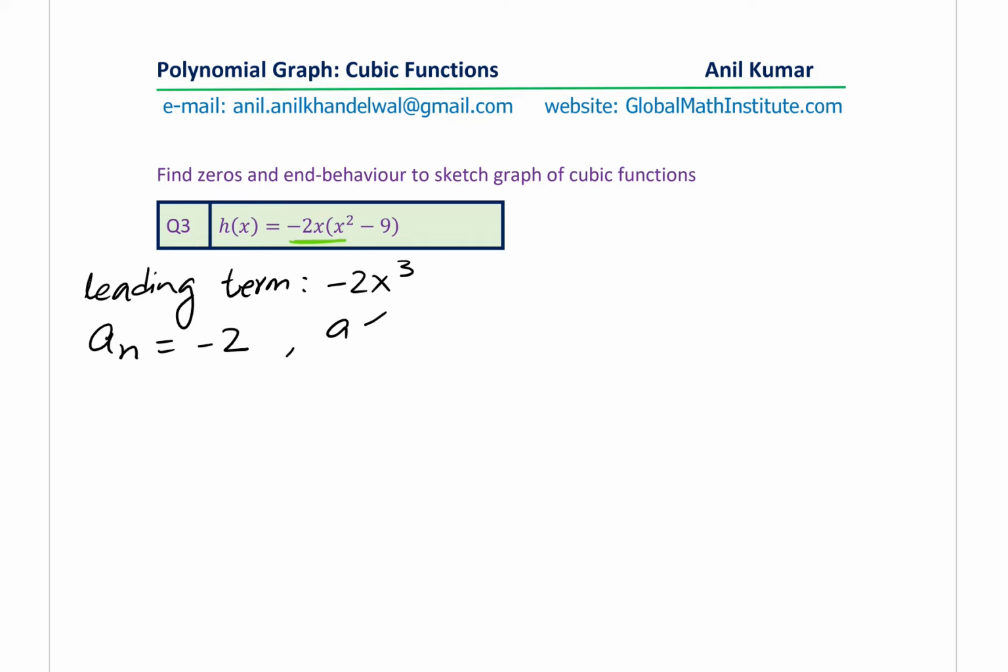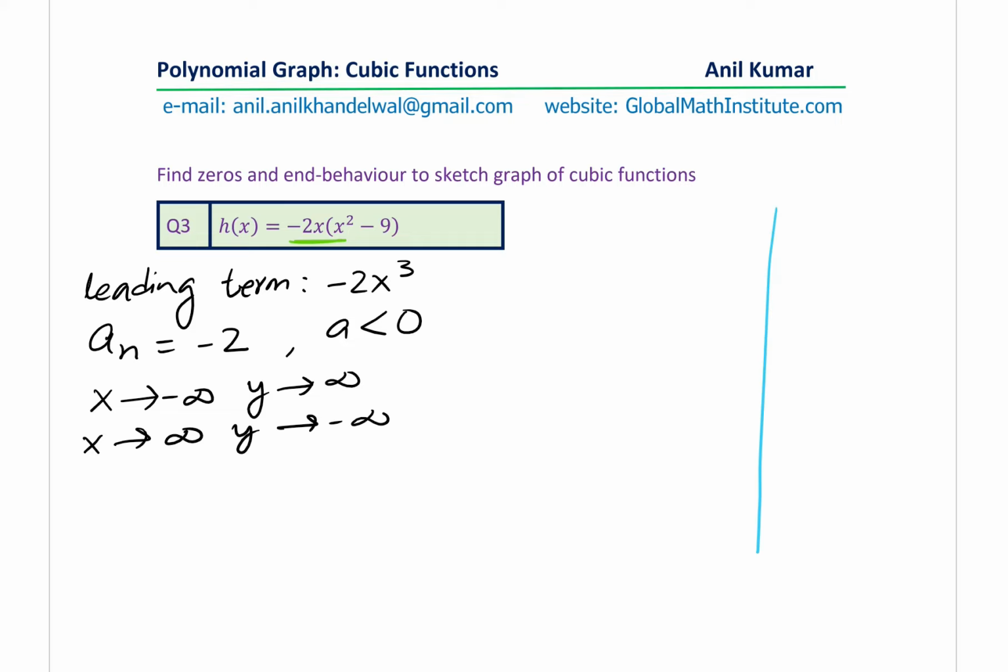So we see that a is less than 0. And that means that when x is approaching negative infinity, y will be approaching positive infinity. And when x approaches positive infinity, y is approaching negative infinity. On a graph, you could easily show it by arrows, as we had been doing.